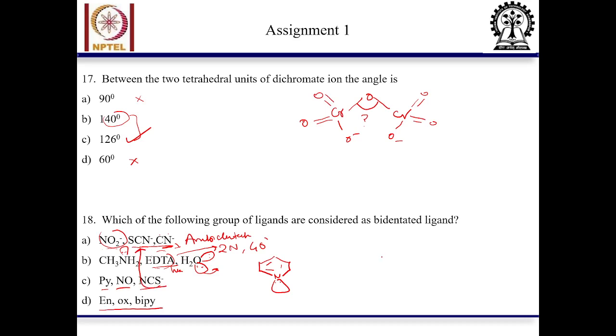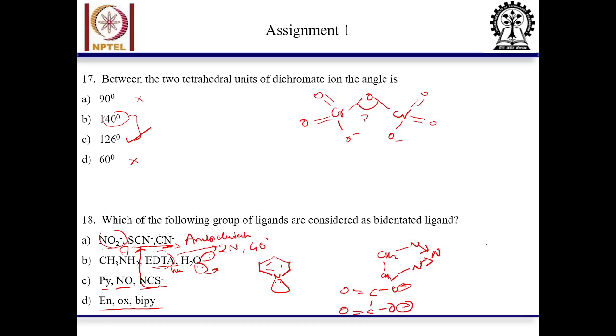So what is ethylene diamine? This is NH2 CH2 CH2 NH2, so it is bidentate. Oxalate also. Oxalate is basically C double bond O, C double bond O, O minus. So these two donor sites are basically the O minus from the oxalate.